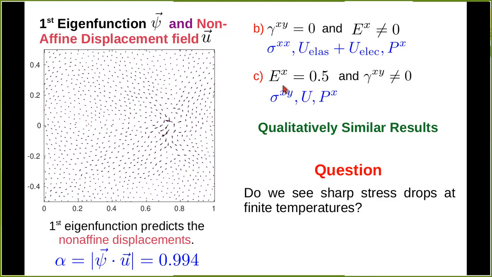In that case, we looked at the stress component sigma xy, the total potential energy of the system, and the x component of polarization. In all cases, we see a qualitatively similar result, meaning that close to a plastic instability, one eigenvalue of the appropriate Hessian approaches 0, and the eigenfunction associated with that eigenvalue predicts the non-affine displacement field.